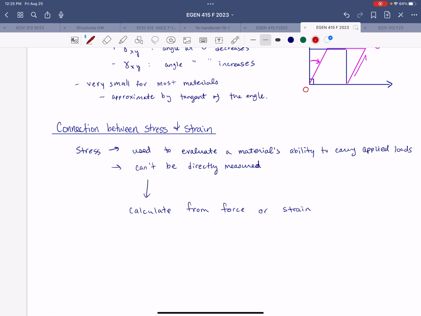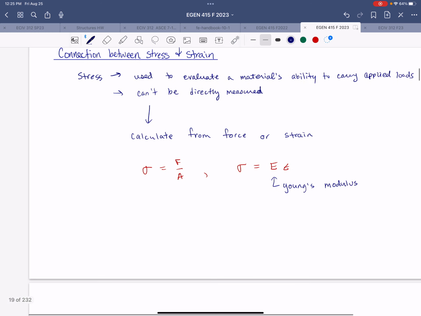You remember these equations, of course, where capital E represents Young's modulus.